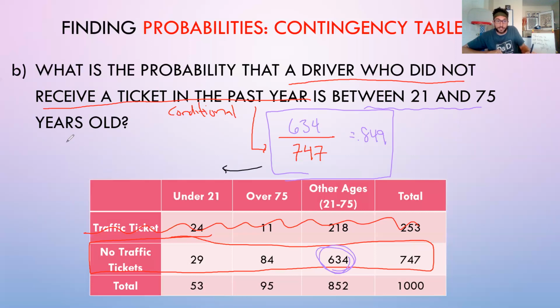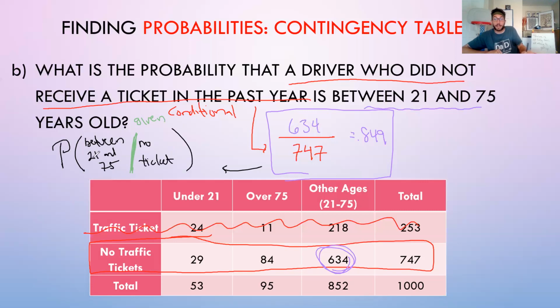One, I would write this if I were using my notation. Big P means what is the probability? So I would say, what's the probability someone is between 21 and 75 given? So this symbol right here, this slash, this is not divided by. This means given we know that the person did not get a ticket in the past year.